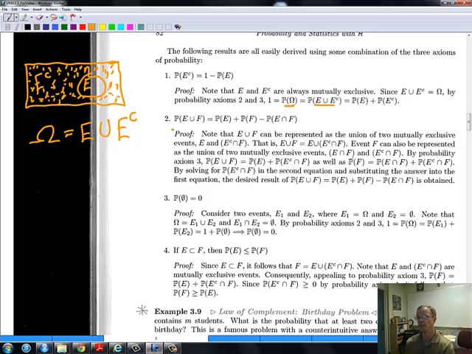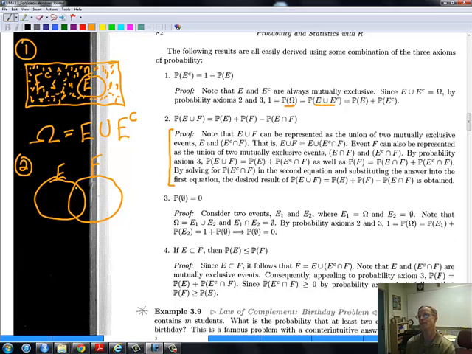I'd like you to read the proof of that. For a diagram, it's simply E union F. So I bring the two together, but there's an overlapping region. And so if I just add the probability of the two circles, I double count the intersect. And so we're going to subtract it off one time.